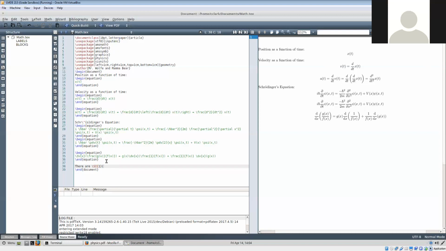So SI 1 meter is equal to 100. I do the centi command and then the meter command. Since I've got an equal sign here, I'm going to wrap these in dollar signs. Or 1,000 millimeter.